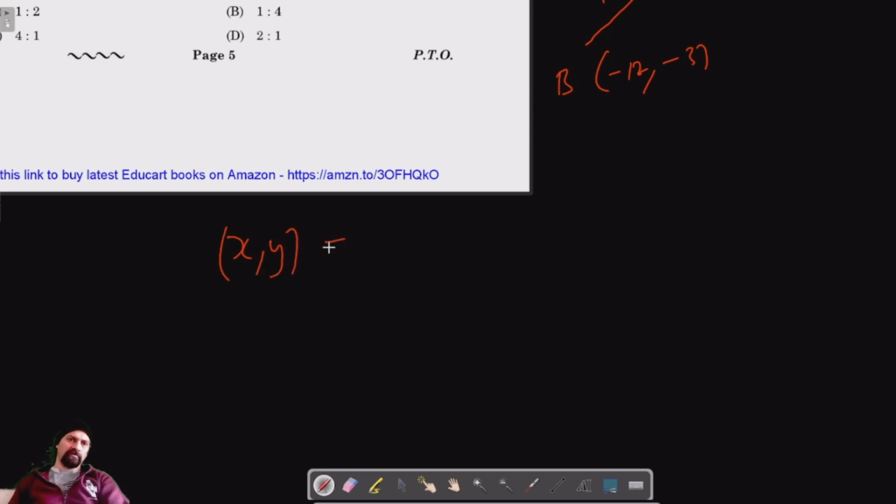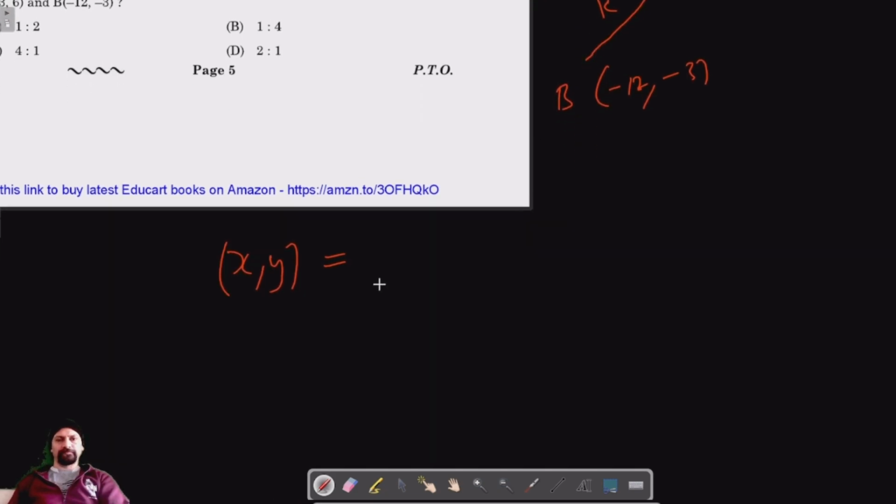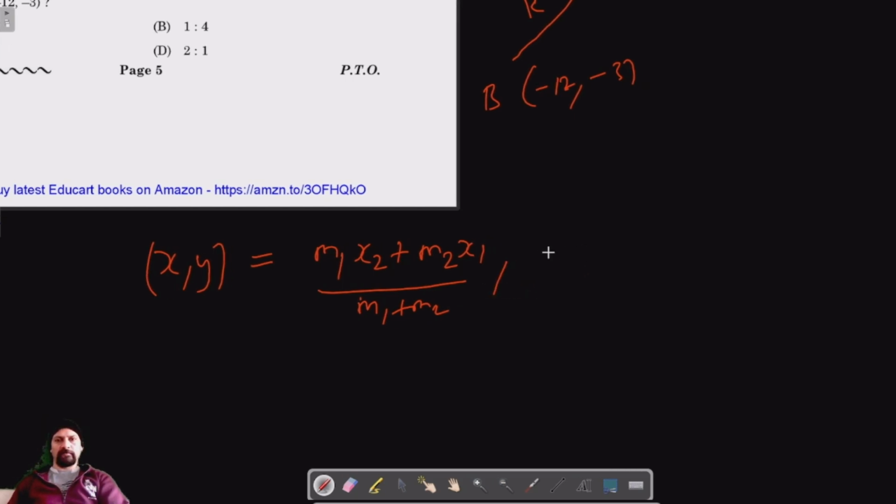The section formula gives us the coordinates of the point P, and the section formula is (m1 x2 + m2 x1) upon (m1 + m2), comma, (m1 y2 + m2 y1) upon (m1 + m2).